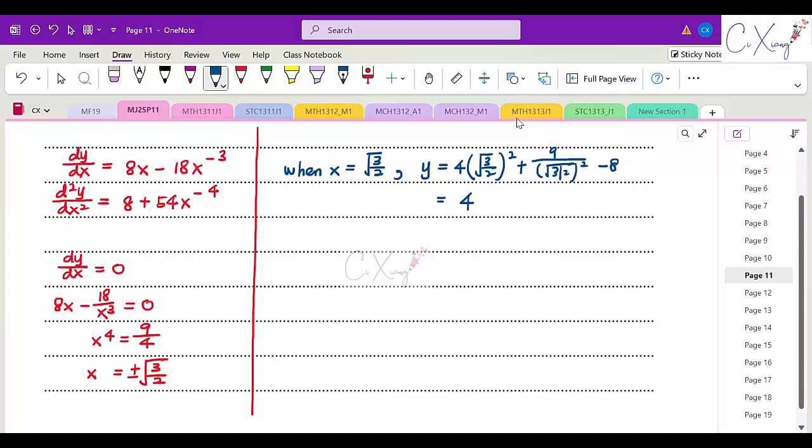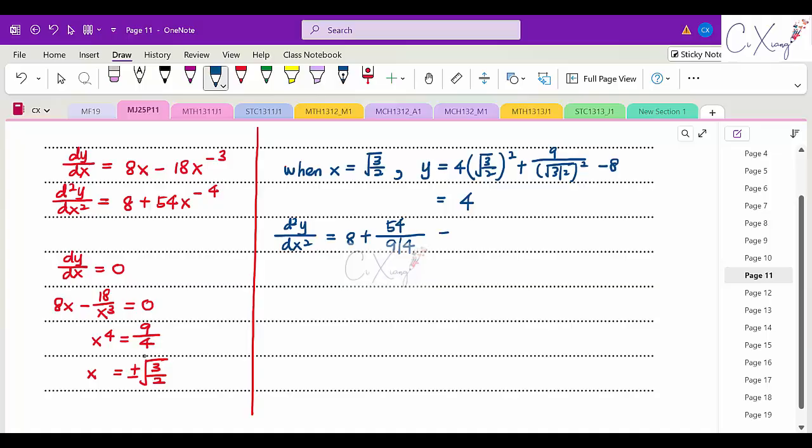And if I want to know whether this stationary point is maximum or minimum, I have to substitute the value of x into d square y dx squared. We have 8 plus 54 over x power 4. What's the value of x power 4 just now? You know it is 9 over 4 here. So you will have 9 over 4.